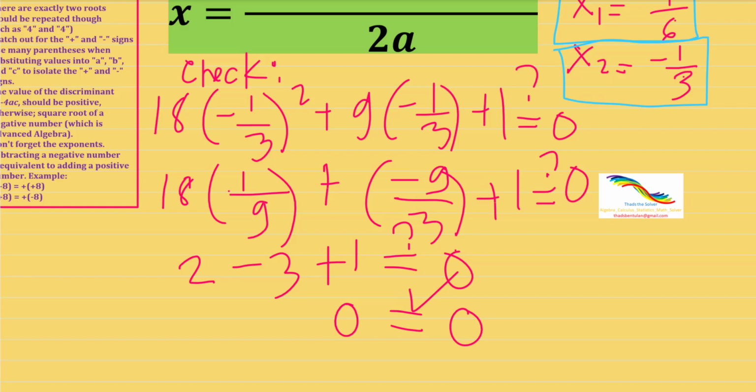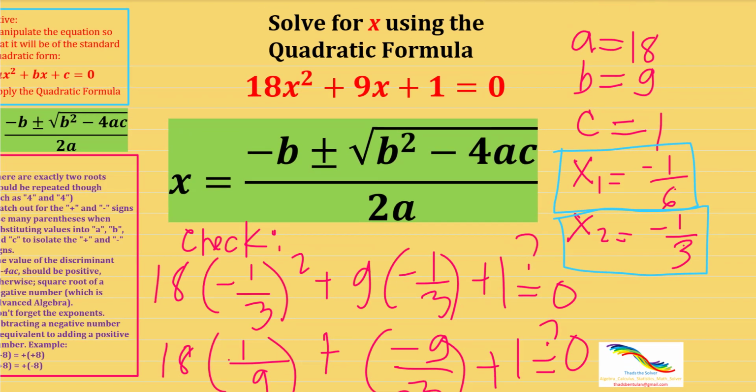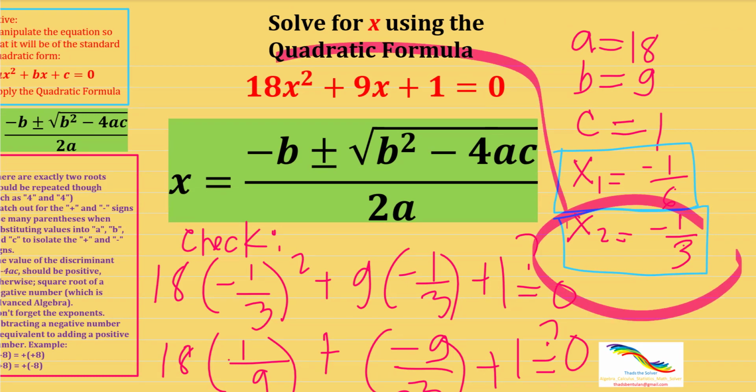Correct. So therefore we have proved that x2, or x equals negative 1/3, is also, and it's the second of the two solutions, or the two zeros, or the two roots of the equation 18x squared plus 9x plus 1 equals 0.